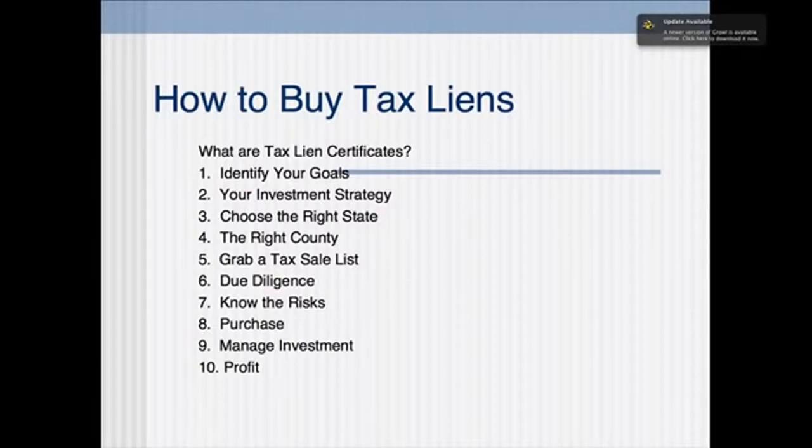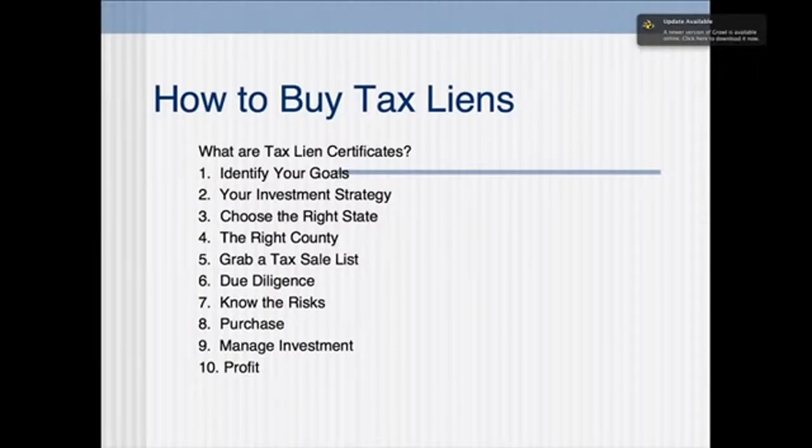And number 4, the right county. You want to choose the right county within the state. Certain counties have a lot more tax certificates than other counties. And so you want to prepare and find out what counties have the highest volume, because that's going to give you the best opportunity to find the actual tax lien that you're looking for.